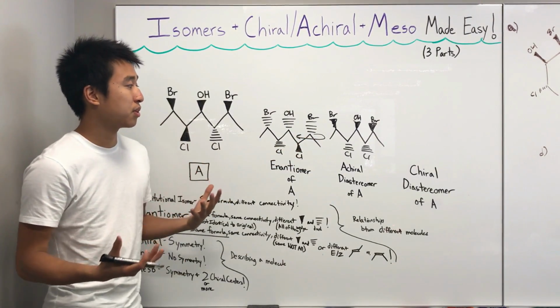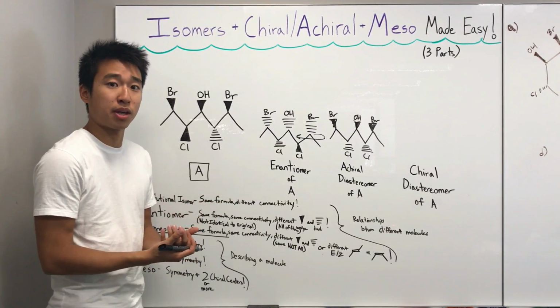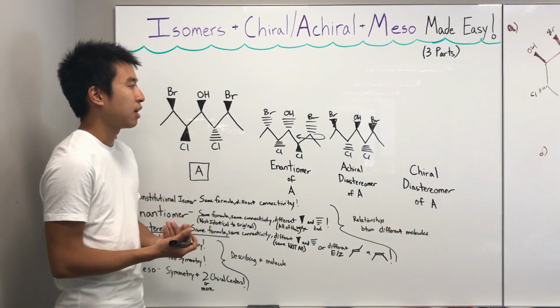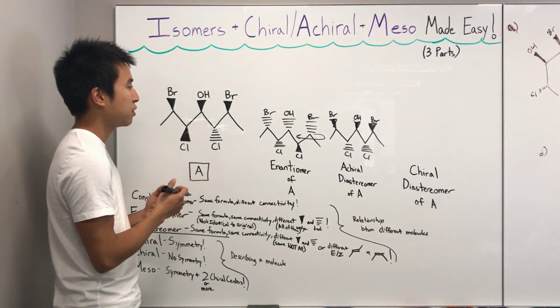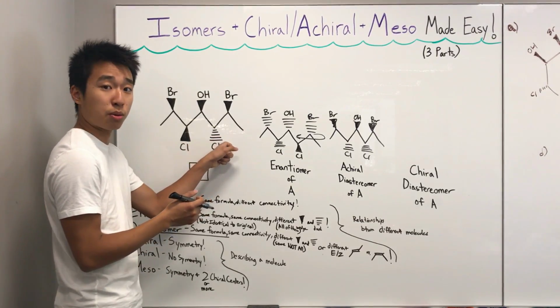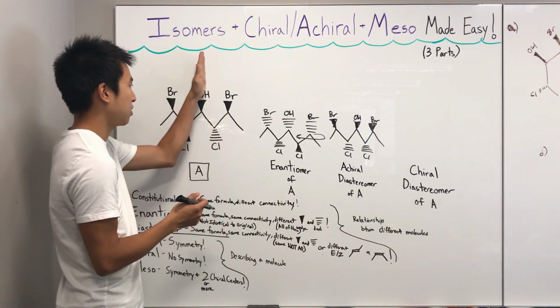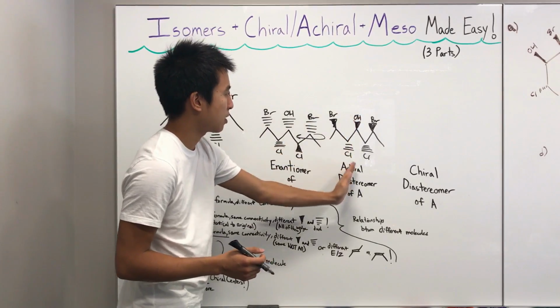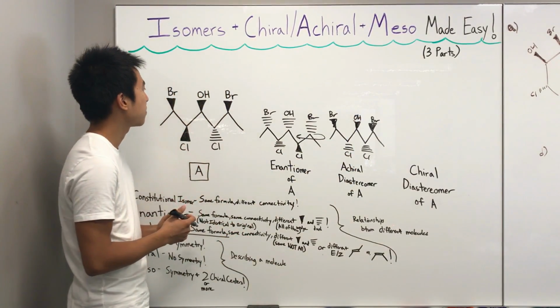And that is an achiral diastereomer of molecule A. Alright, there's actually a few more achiral diastereomers that you can make, so why don't you try that out? I'll tell you what they are. If you turn this into a wedge, then there's a plane of symmetry, just like this one, and that's an achiral diastereomer.